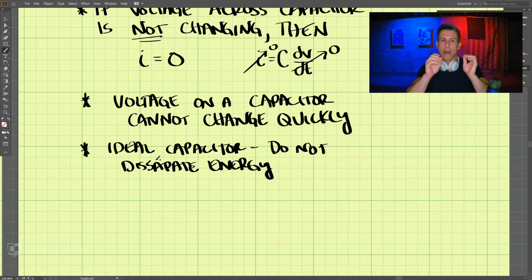But what ends up happening over time is the charge starts to leak. It starts to go away, okay, over time. And that is a case of a non-ideal capacitor. Non-ideal, not perfect. So these are important things that you should remember when talking about capacitors.